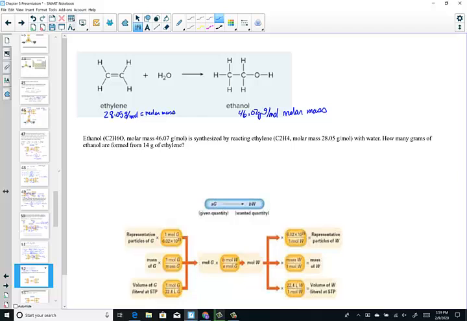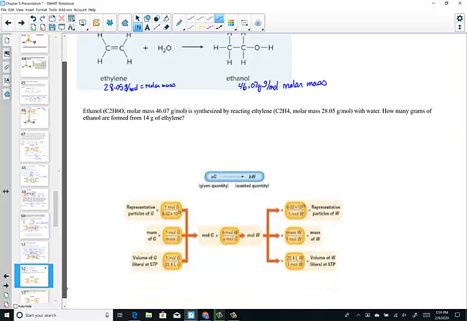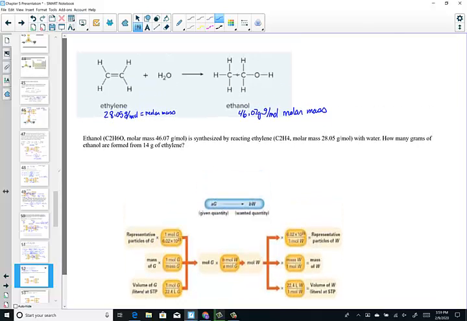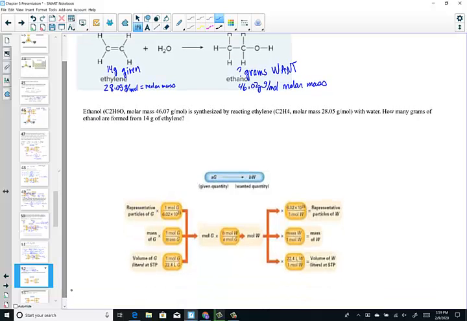How many grams of ethanol are formed? That's what I want to know, is how many grams of this, that's my want, given 14 grams of ethylene. So that's my given. Look at this fun. All right, what are we doing? You see where we're starting?